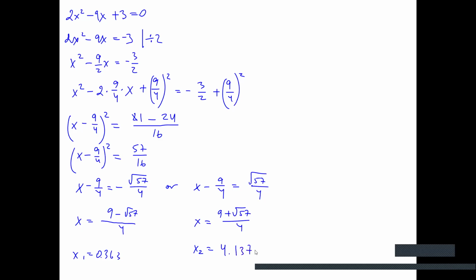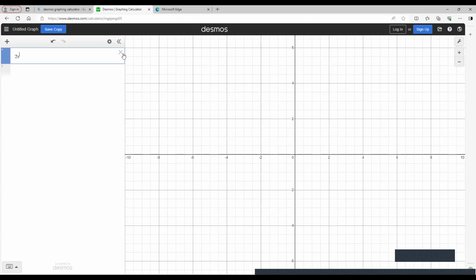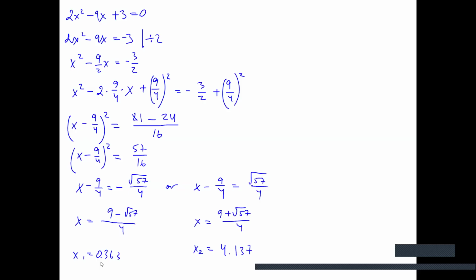Okay, the moment of truth. Minus 9x plus 3, right? Is it? Exactly the same thing. So we're good. You see, slowly but surely, we become masters.